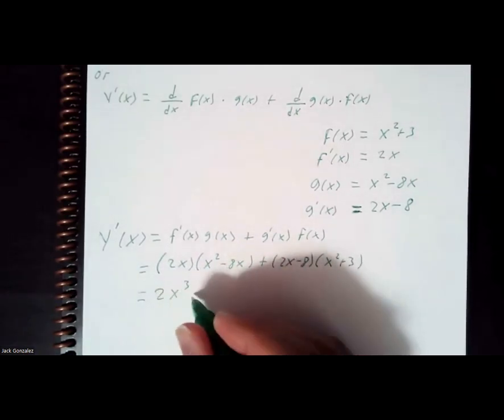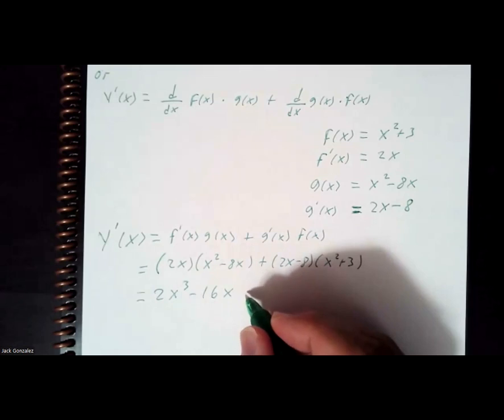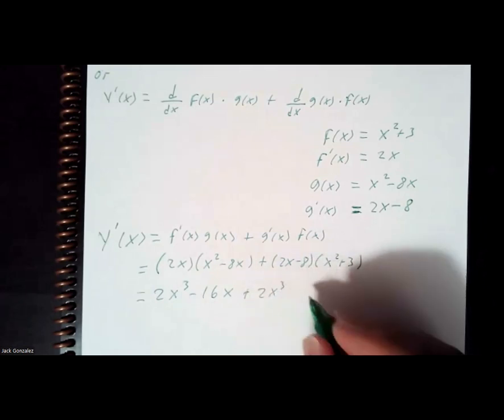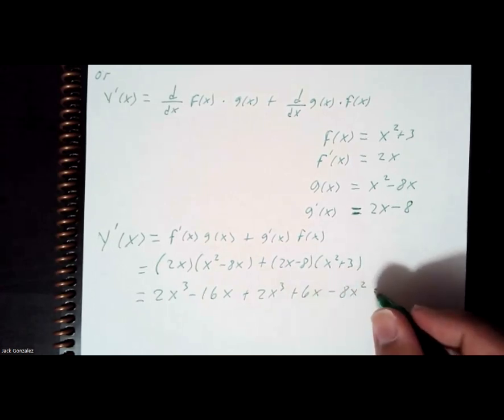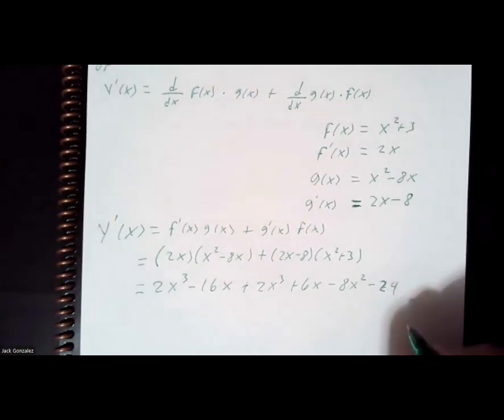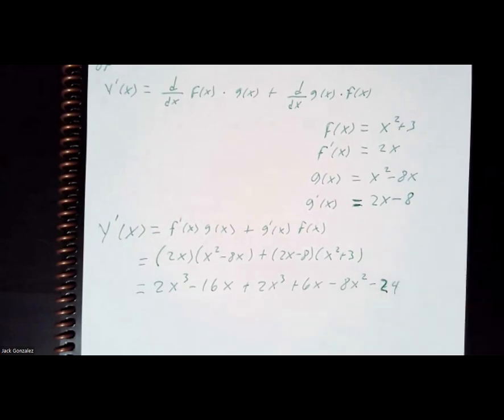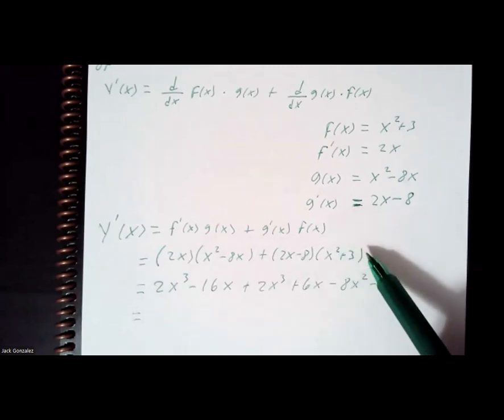This will be 2x cubed minus 16x. Distribute. Plus 2x cubed plus 6x minus 8x squared minus 24. Combine like terms and you're done. And the derivative was finished up here, right? Calculus step was there.